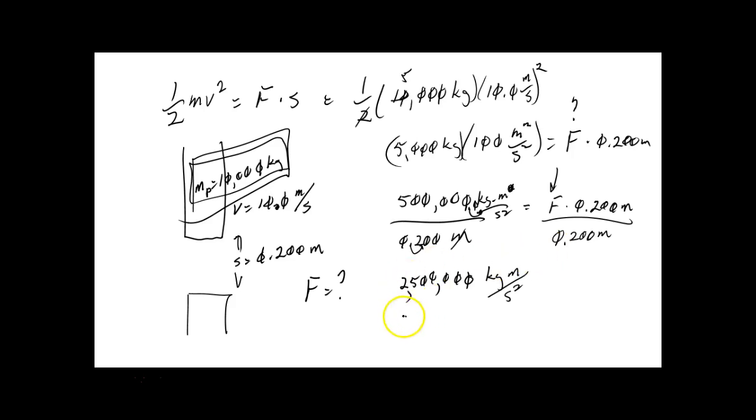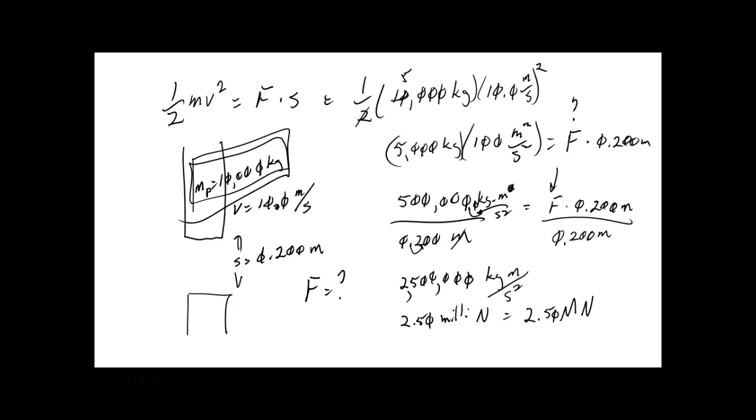So this is 2.50 million newtons. Or you could say 2.5, the metric prefix for million is mega, meganewtons. Now, most of the time they don't do that. By the way, it's 2.50 because you have 3 significant digits there. 2.50 meganewtons.